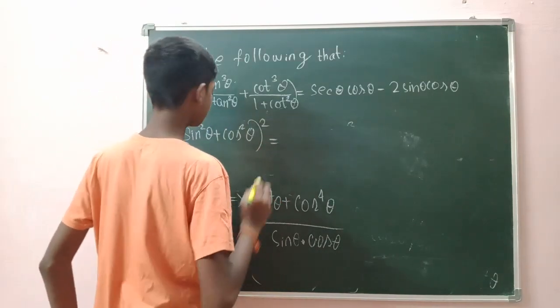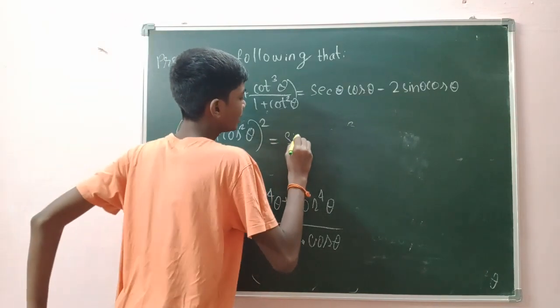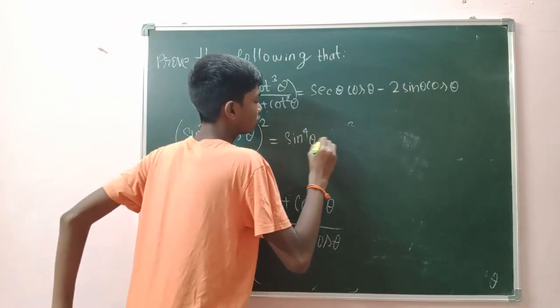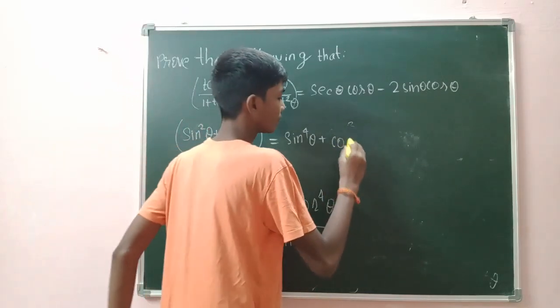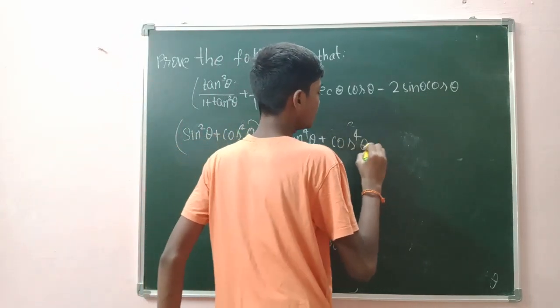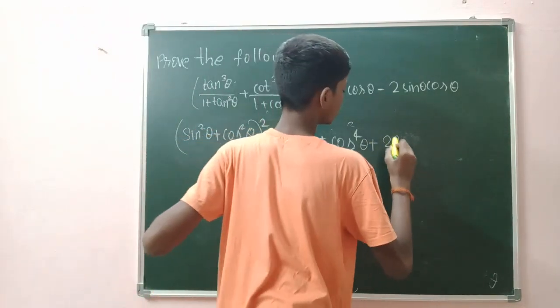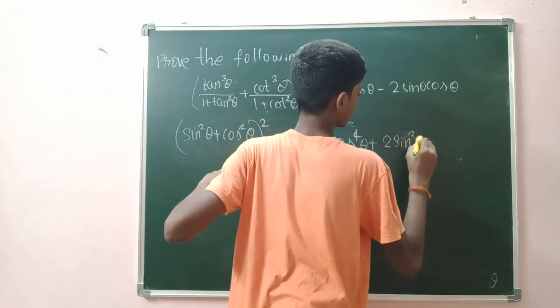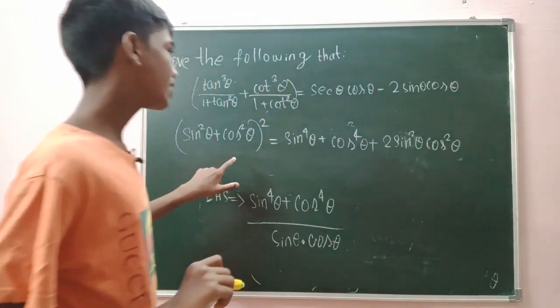That is sin square theta whole square, which is sin power 4 theta, plus cos square theta whole square, which is cos power 4 theta, then plus 2 times a into b, that is 2 sin square theta cos square theta. Correct or not?